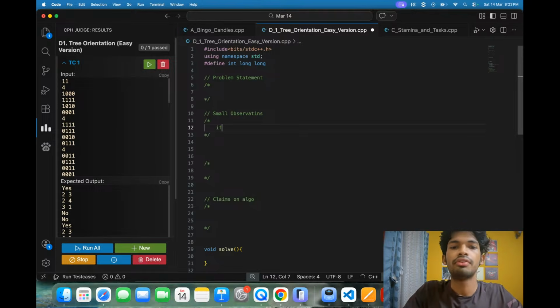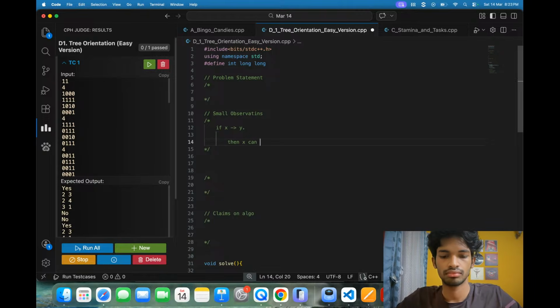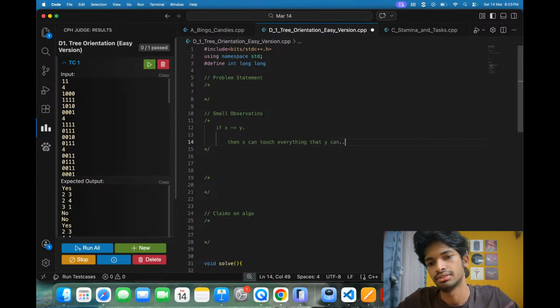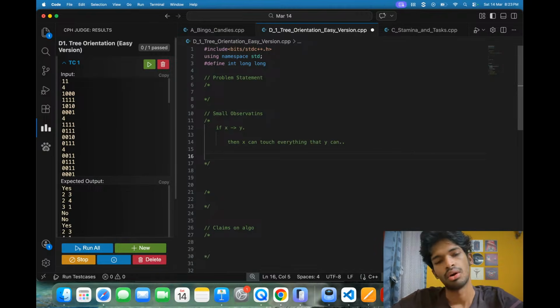So if x points to y, then x can reach everything that y can. So these things are true, right? If there is an edge, this is true. We don't even have the graph.